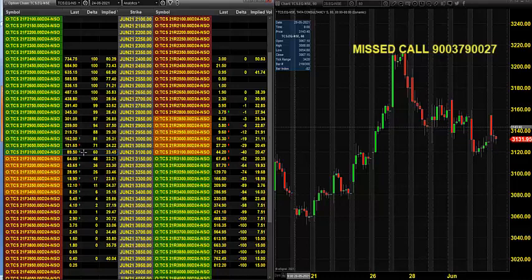So assume that I am going to buy this 3200 strike. The premium is trading around 44 rupees. What does that mean? It means that I am a buyer of the option. As a buyer, I need to pay 44 multiplied by the contract lot size of 300 for TCS.